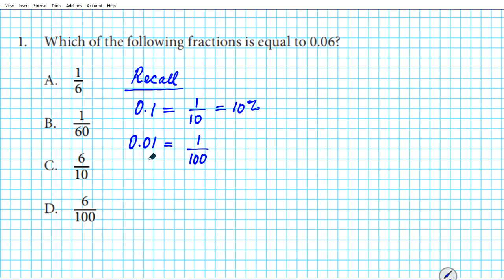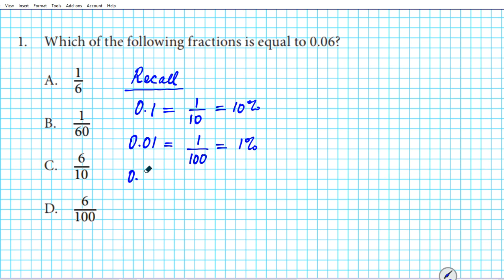Over here, 0.01, 1 is in the hundredths place. So that gives us 1 over 100. In percent format, this is 1%, 1 per 100. Let's take it one more step further.